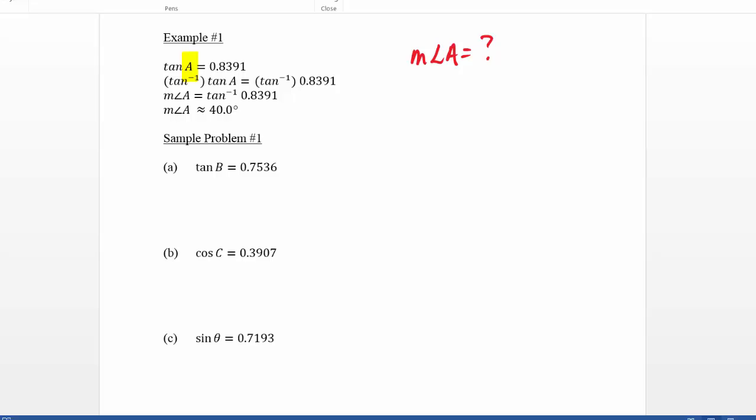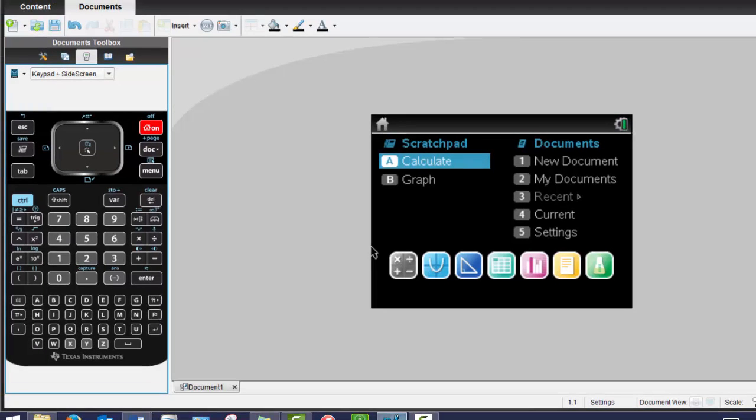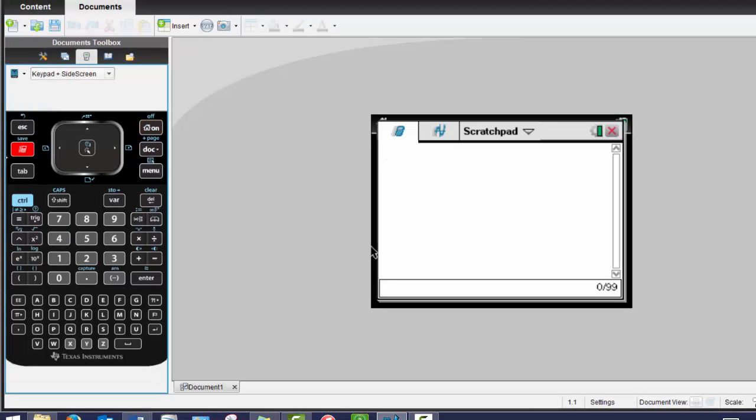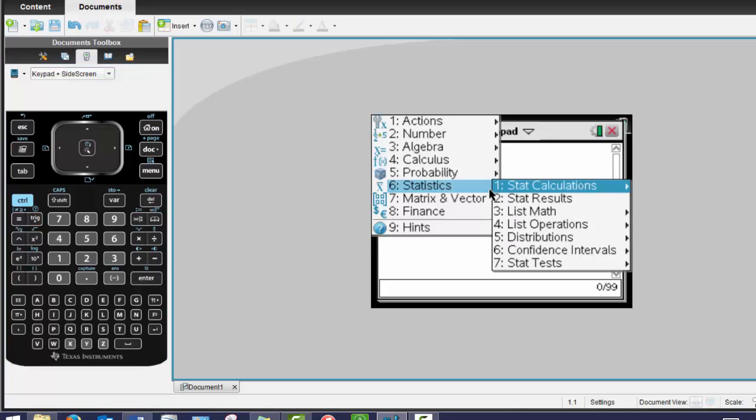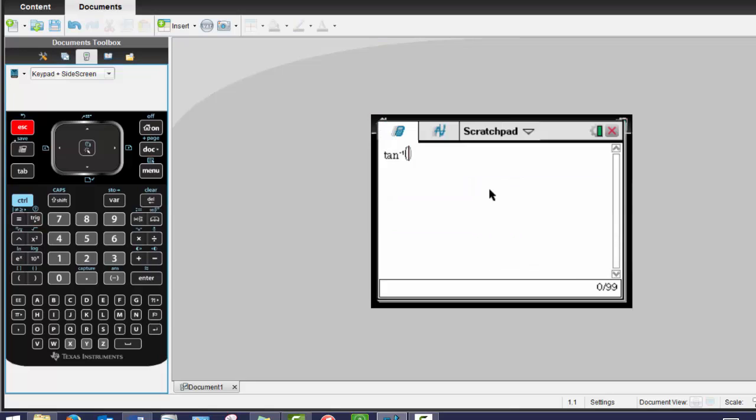To do an inverse function, we can go to our calculator. If we come into the calculator part and go to the trig button again, we can see that we have not only the 6 trig functions, but we also have the inverse functions. So we can select the inverse function and then just put in the corresponding value and hit enter, and that should give us the angle for A, and in this case it's 40 degrees.